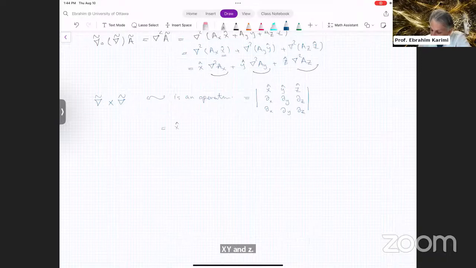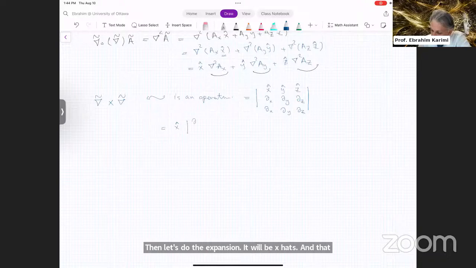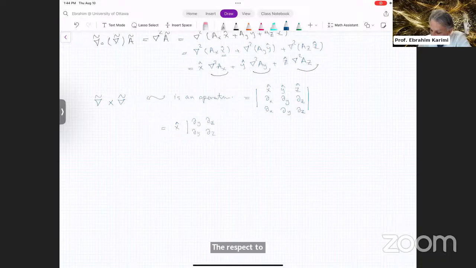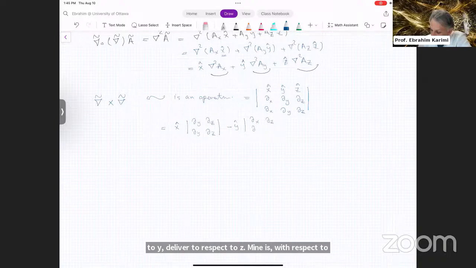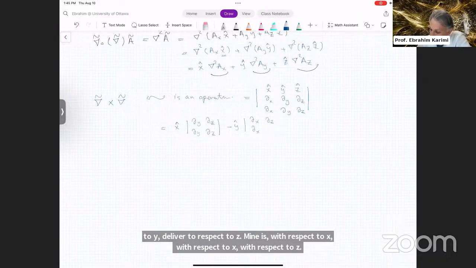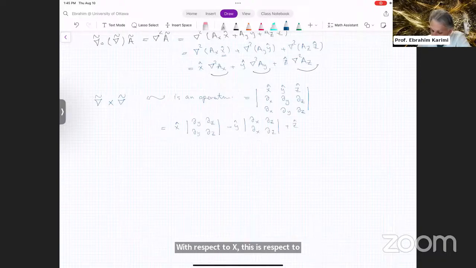It will be x hat, and that will be derivative with respect to y, derivative with respect to z, derivative with respect to y, derivative with respect to z, minus y hat, derivative with respect to x, derivative with respect to z, derivative with respect to x, derivative with respect to z, plus z hat, derivative with respect to x, derivative with respect to y, derivative with respect to x, derivative with respect to y.